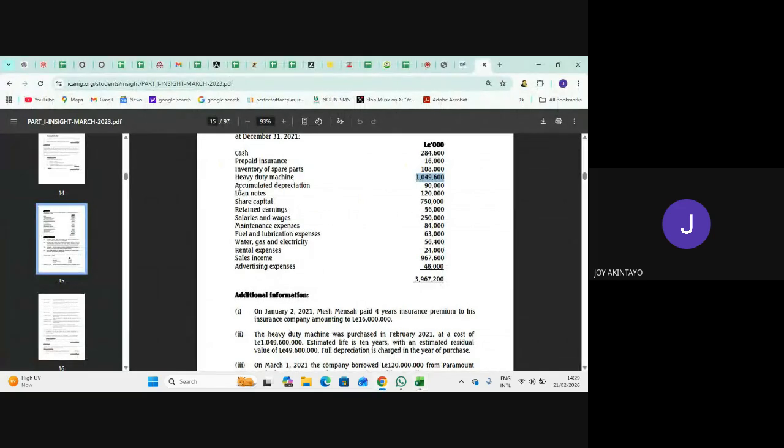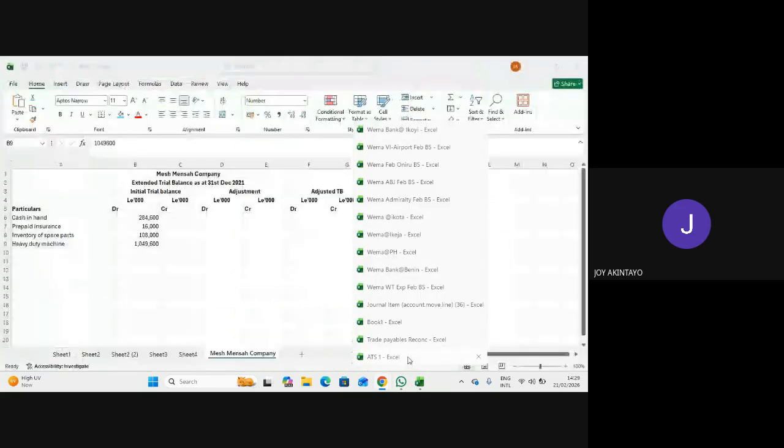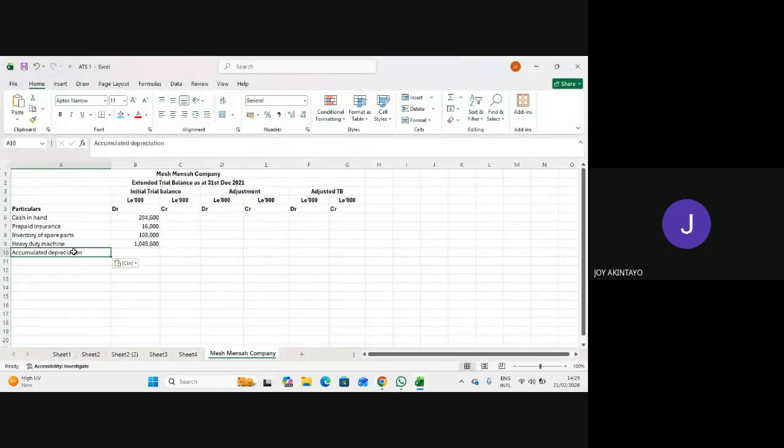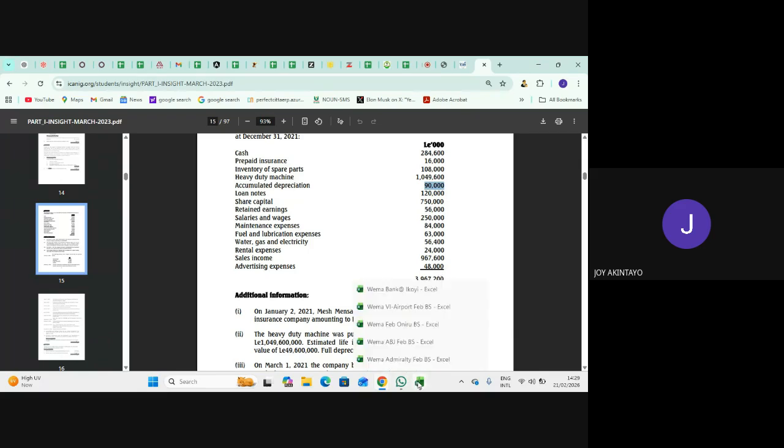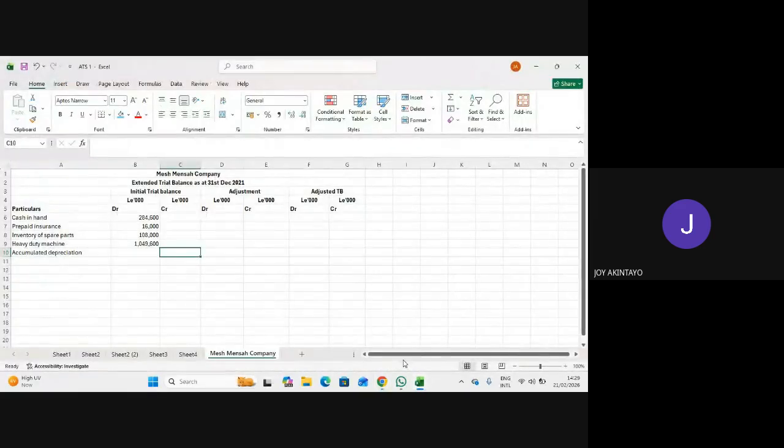So accumulated depreciation will always be on the credit side, but the depreciation expense will be on the debit side. So accumulated depreciation for the period, as at the end of the period, will be here on the credit side. Are we together? Because we need it to reduce the cost of our machine. And this is 90,000 naira. Are you getting it? So we put it here.